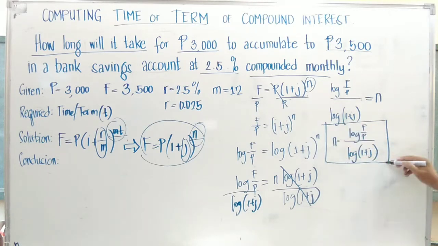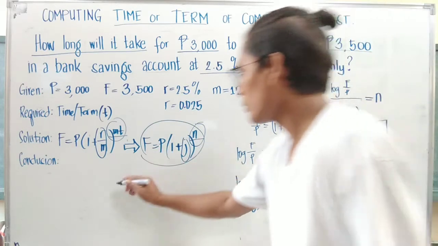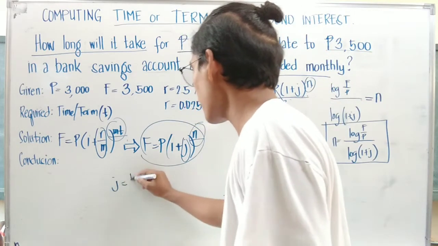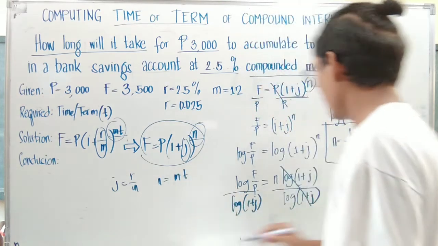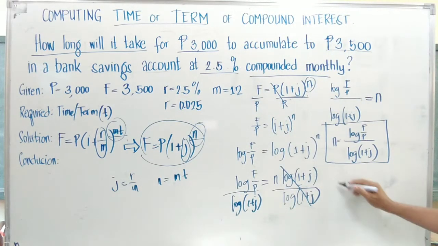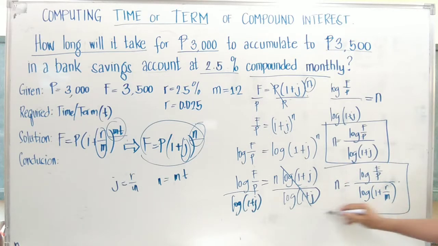Or if we substitute j, where j is equal to r over m, and n is equal to mt, we will have this thing. n equals log of F over P over log of 1 plus r over m.